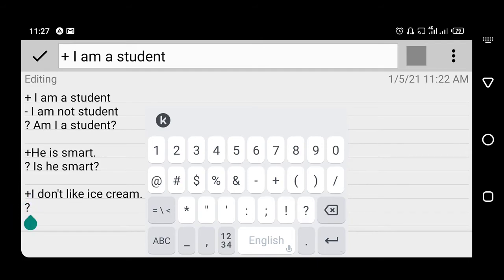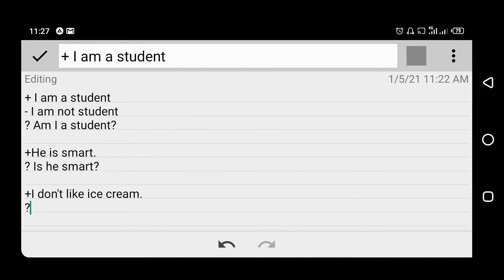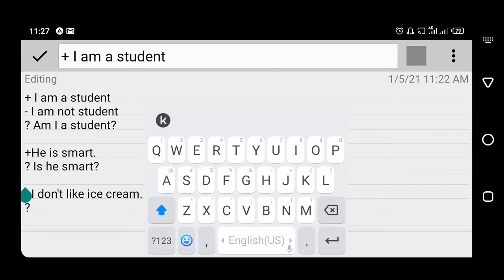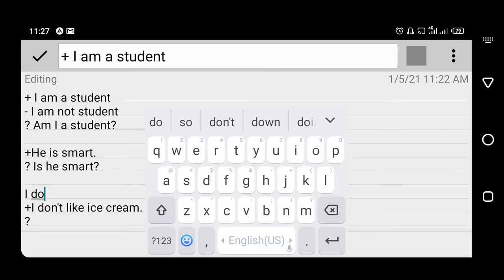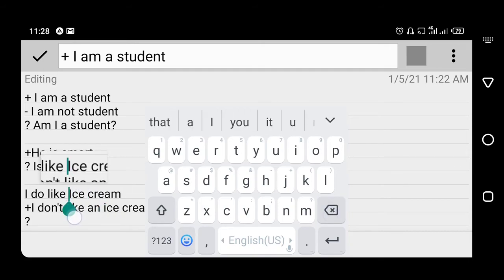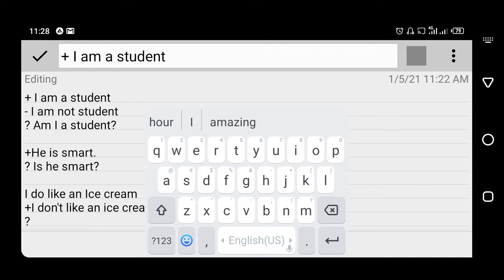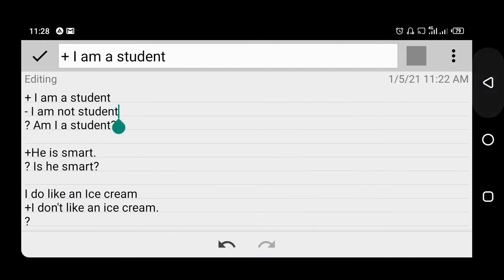Nah, Sir udah bilang sebelumnya kalau misalnya kalimatnya negatif, kita ubah dulu ini ke kalimat positif. I do like ice cream. I will have to write in here again, just to make it more right. I do like an ice cream. Nah, see this? I do like an ice cream.